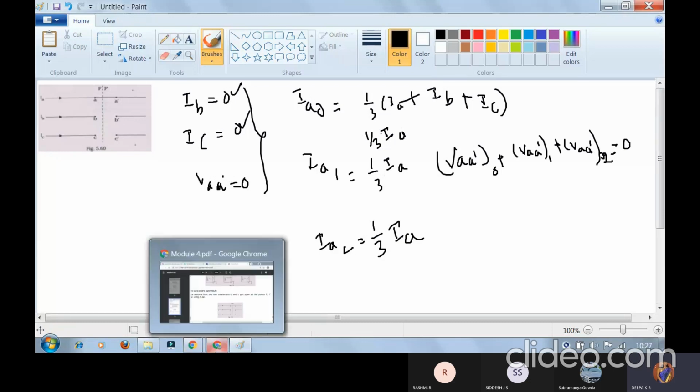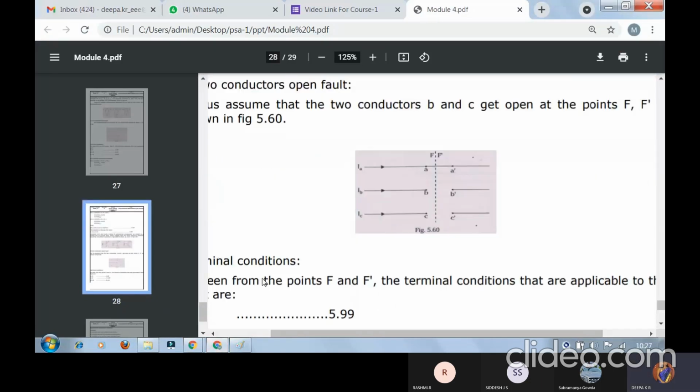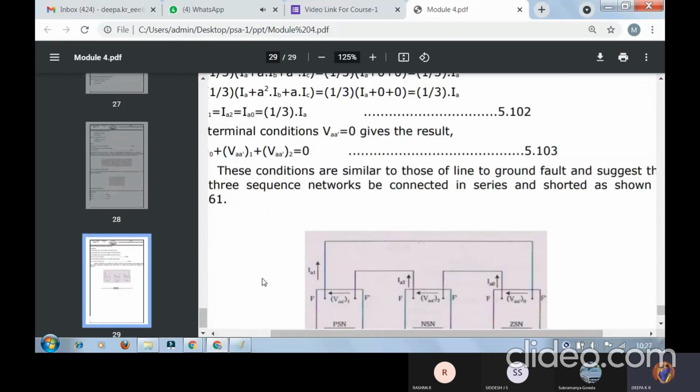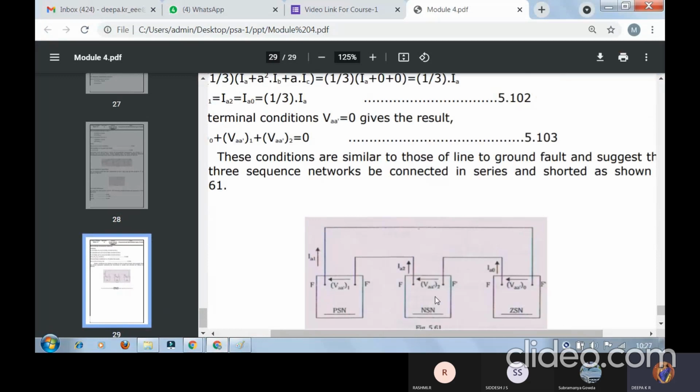Series means it will be connected back to back, that is, one winding to another winding connected in a series connection. So we'll go back to the connection here. Observe the series connection: we have a positive sequence, negative sequence, zero sequence, and currents IA1, IA2, IA0.